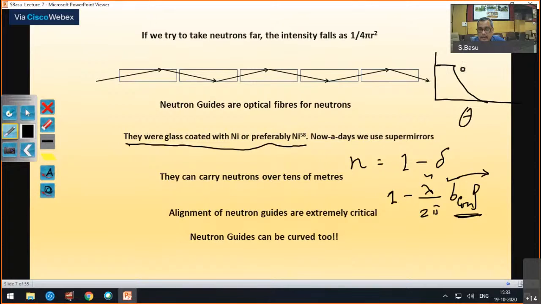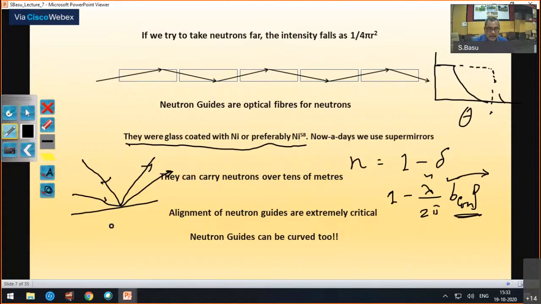With a super mirror, this critical angle can be much larger. We can get good reflection at a much larger angle. So if this is for nickel, for a super mirror this angle is much larger.